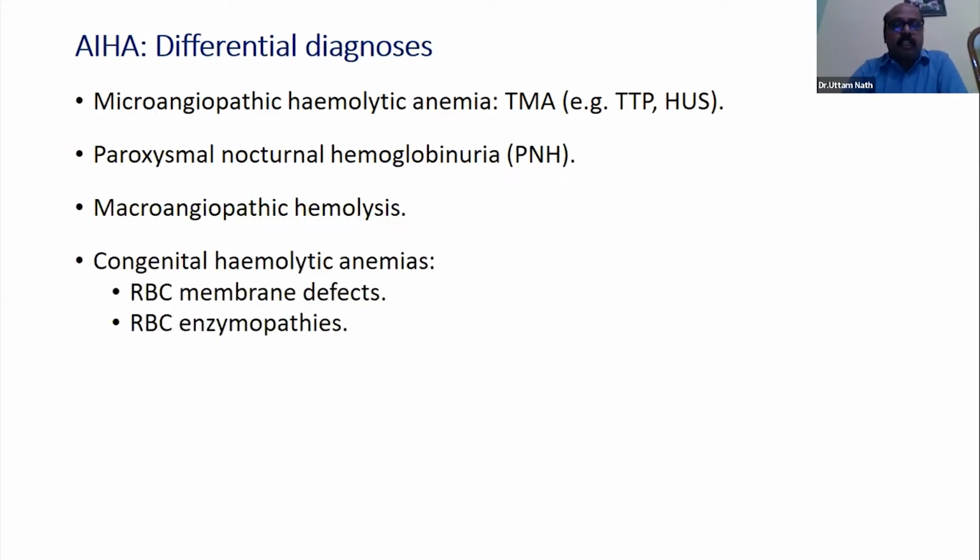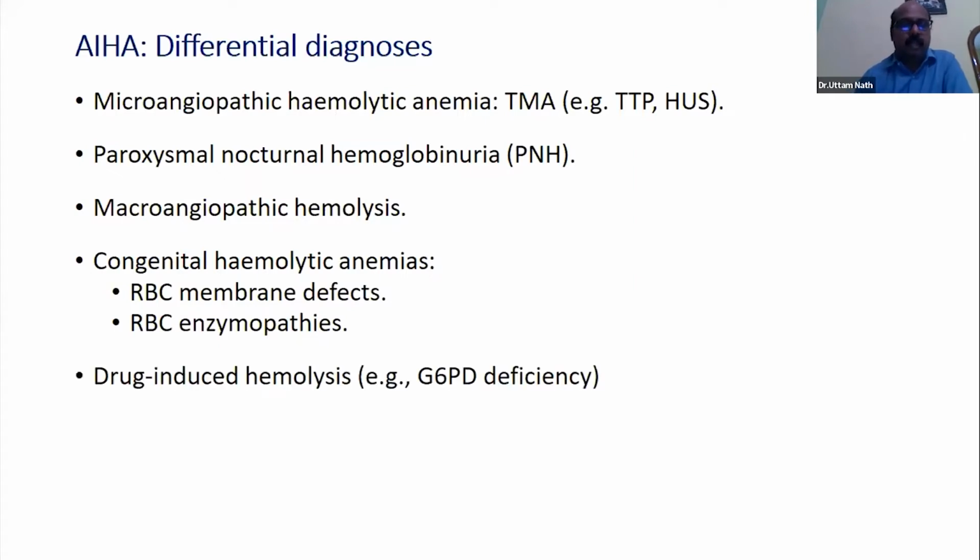Now, some congenital hemolytic anemias can mimic AIHA, particularly in children, like RBC membrane defects, hereditary spherocytosis, elliptocytosis. Then the RBC enzymopathies can either mimic some acute hemolytic episode of AIHA, as in G6PD deficiency, or can be chronic, like pyruvate kinase deficiency.